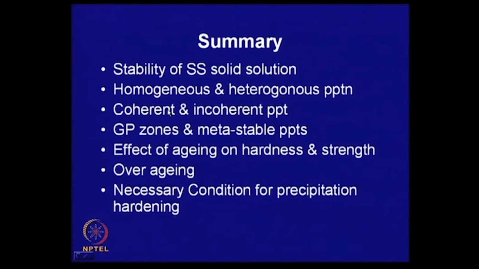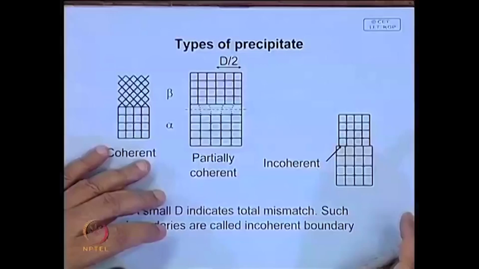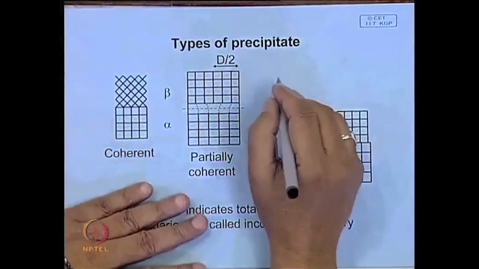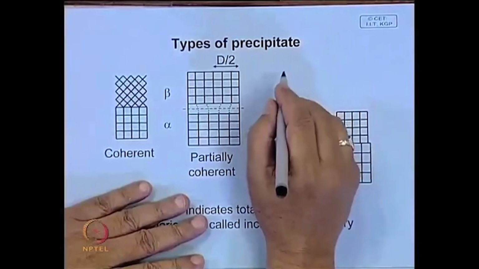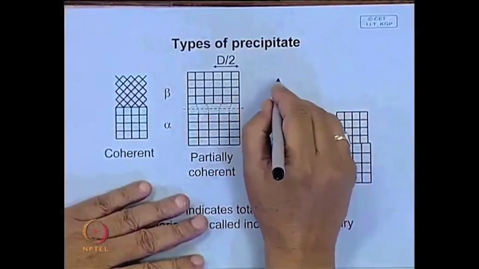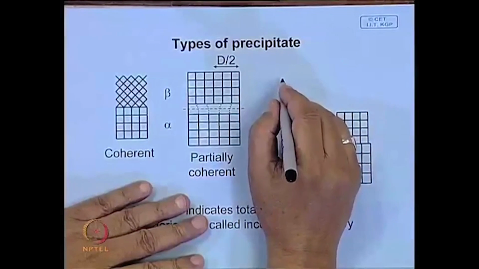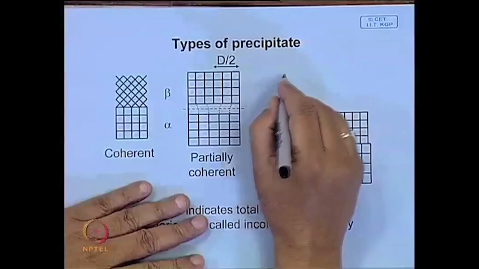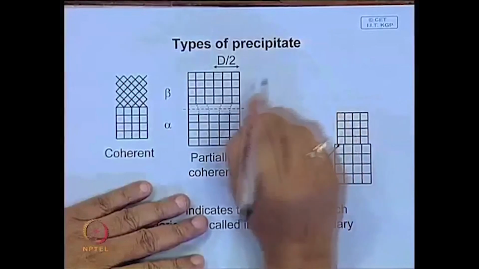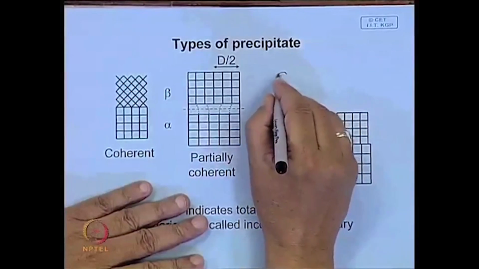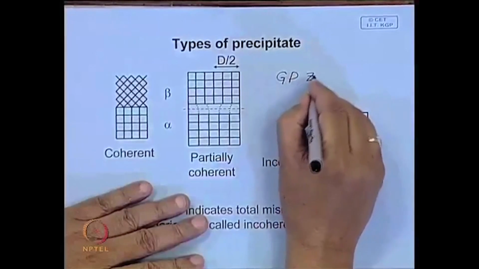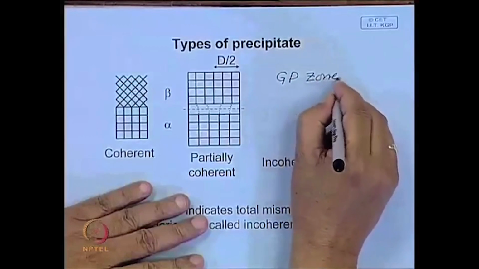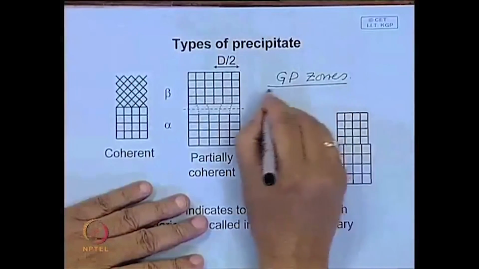In fact, these coherent precipitates were first observed in aluminum copper alloy. They were first shown through the X-ray diffraction technique, that there are precipitates with strain fields associated with them, and this was done by Guinier and Preston, and therefore it is known as G.P. zones.